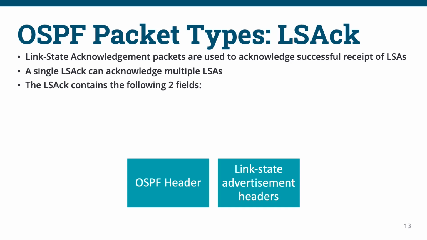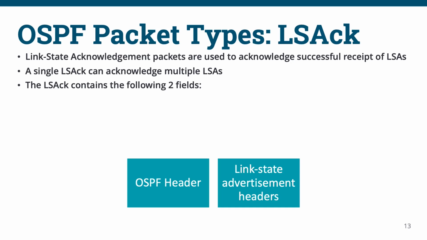A single LSAC packet can acknowledge receipt of one or multiple LSAs. The LSAC is the simplest OSPF packet, which only contains the OSPF header and the LSA header for the LSAs that the LSAC is acknowledging.